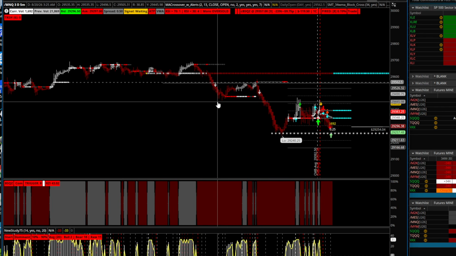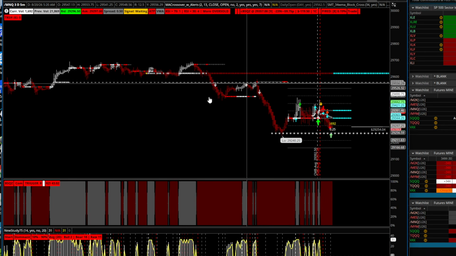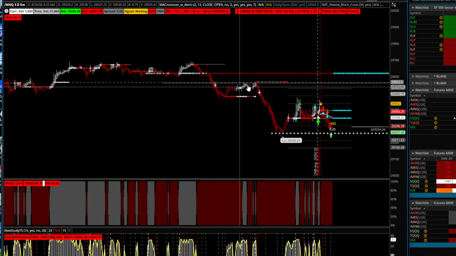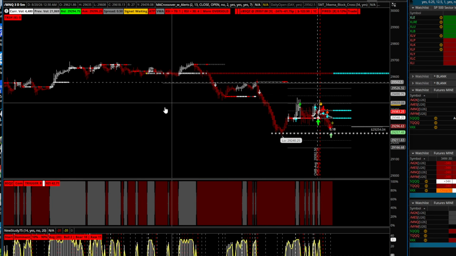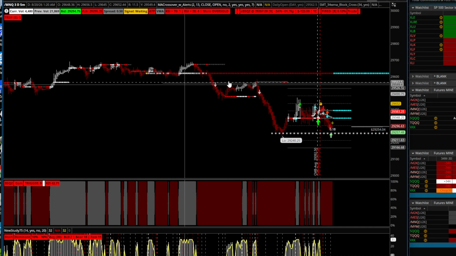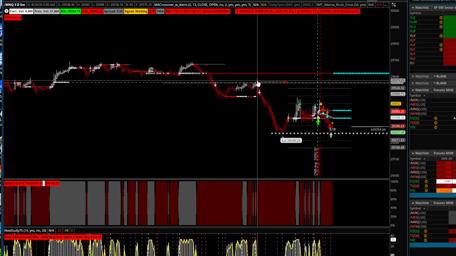Beautiful trade here, right? And then we have our 4-hour session level. That level holds. If we're above the level, we're going to take price up, and we're going to go to the prior session close from yesterday. That's our target. You can see how that held as support.